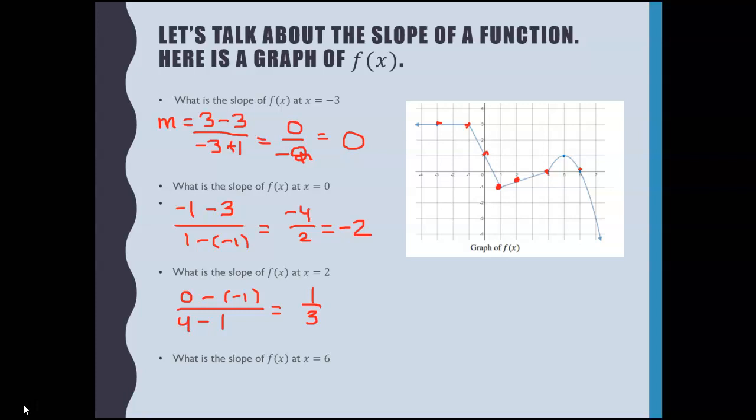We know that if we pick the point 5, 1, and maybe you pick the point 7, -3, it's going to be close, but definitely not identical. So we call this an estimated slope.